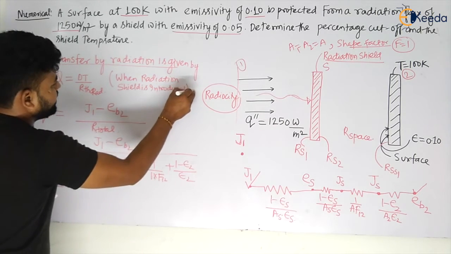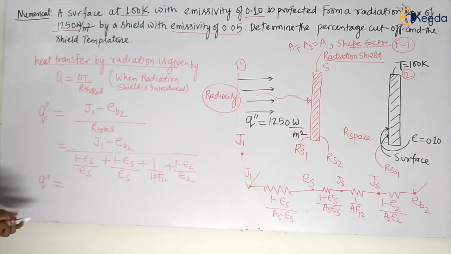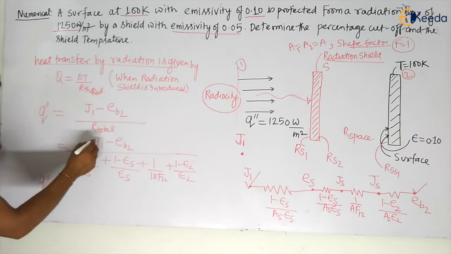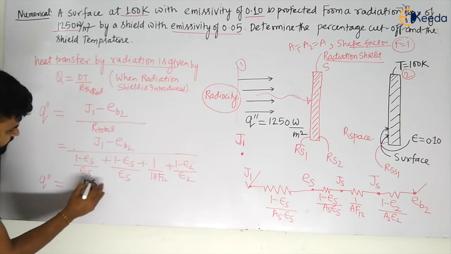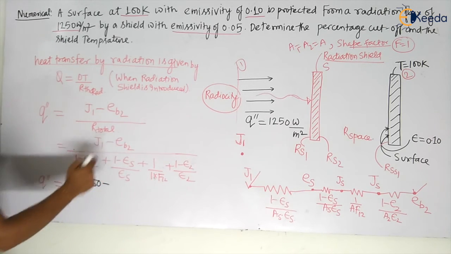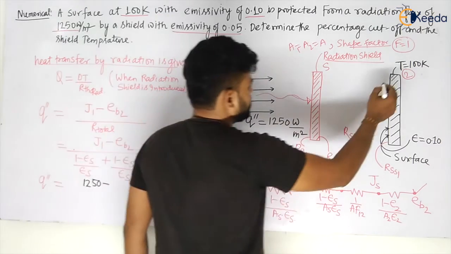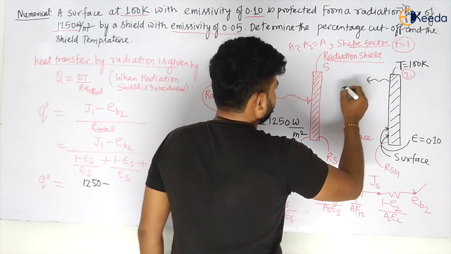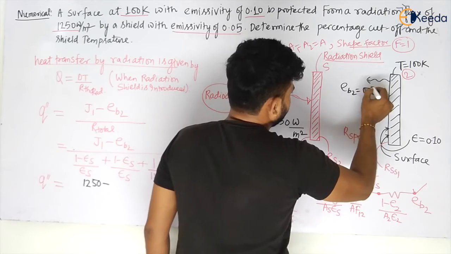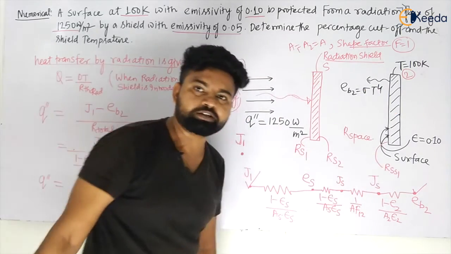So what will it become, my dear students, let us see. We know that J1 is given to be 1250 minus EB2. What will be the emissive power of this body, my dear students? So EB2 will be given by nothing but sigma T to the power 4. Yes or no?